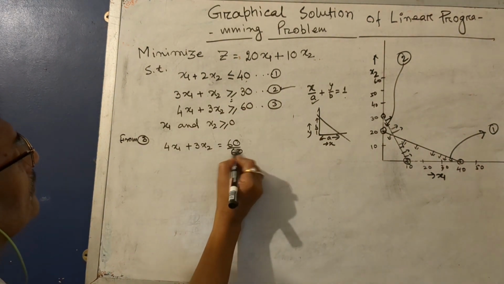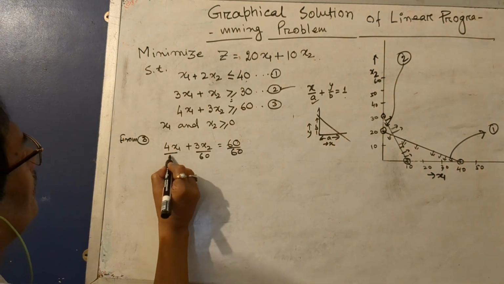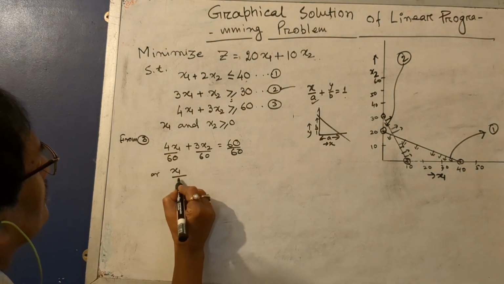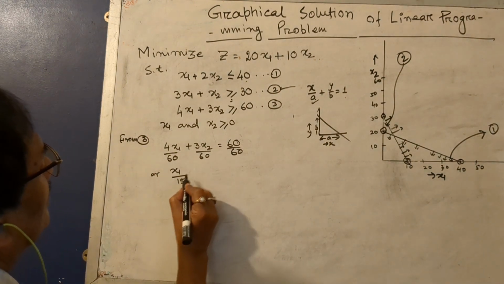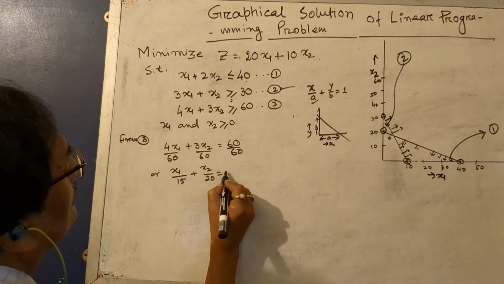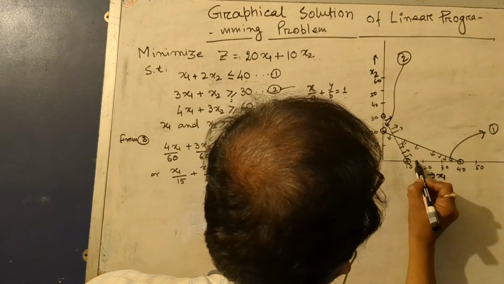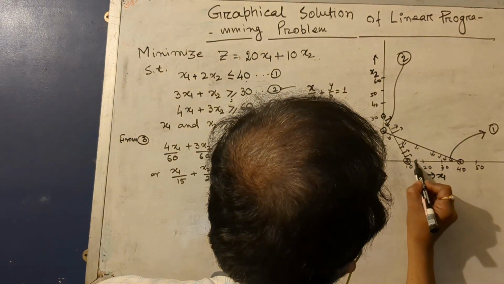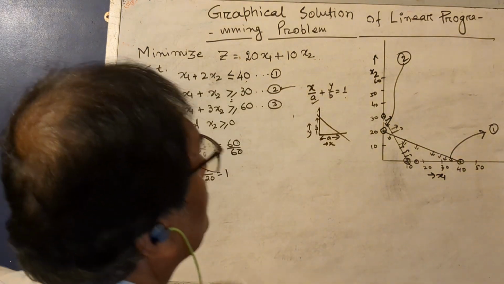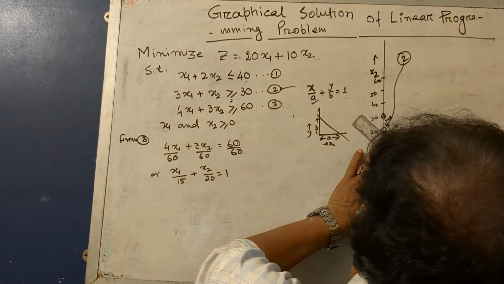To make the right side 1, divide by 60, so x1 by 15 plus x2 divided by 20 is equal to 1. That means 15 from x1, this will be in between 10 and 20, this point, and 20 is this. That means we have to draw this line as this.